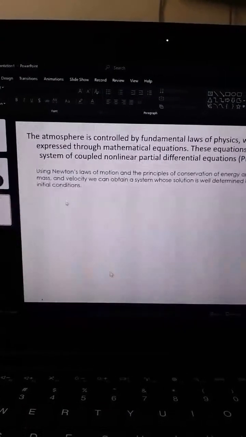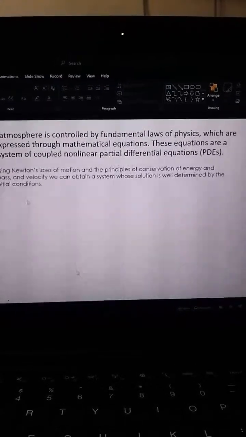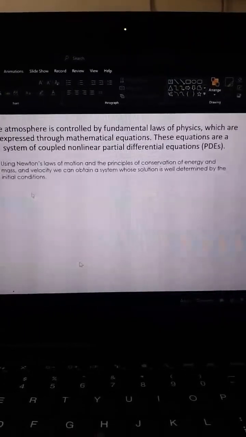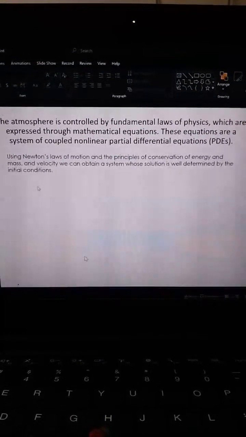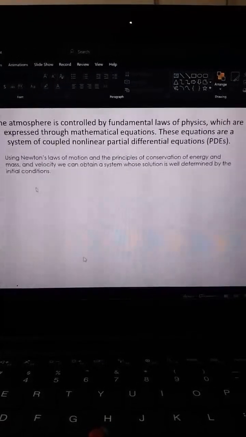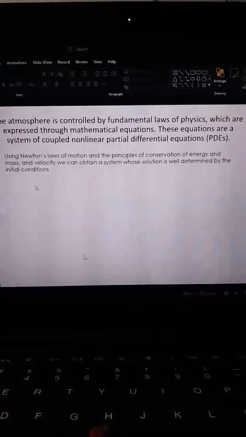Calculus is also being used, and Newton's laws are being used. Newton's laws are not just words; they're equations, and we need to solve using equations for velocity and mass.